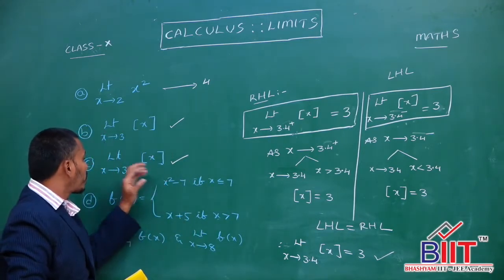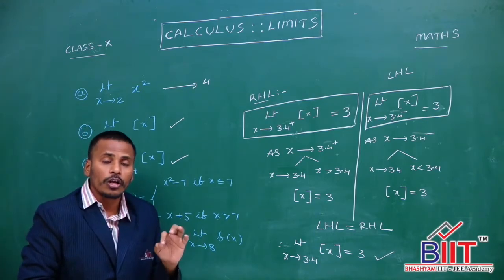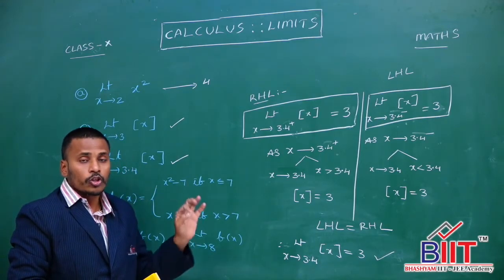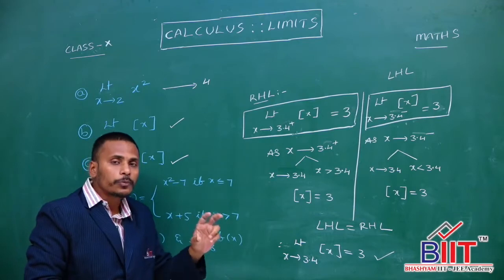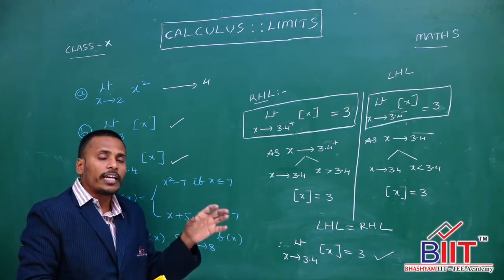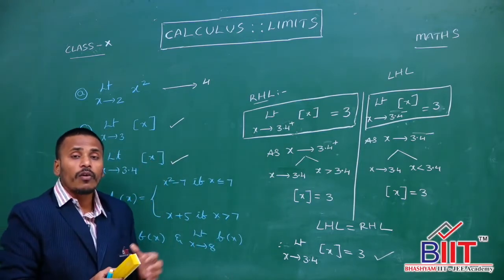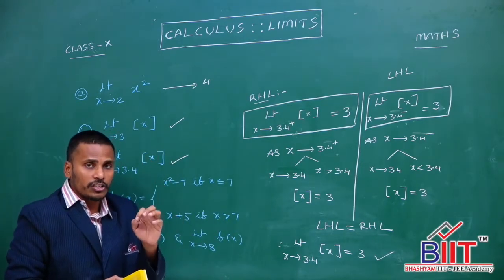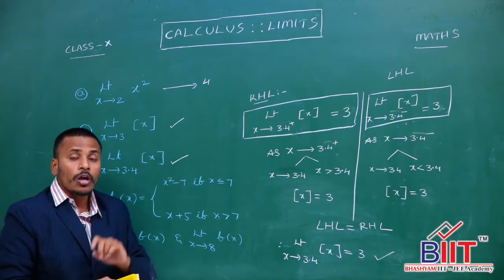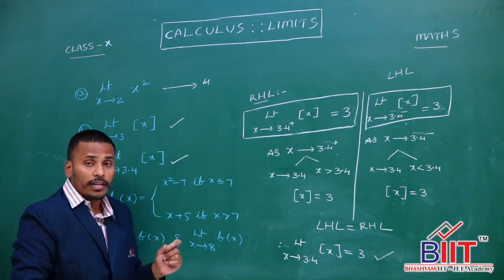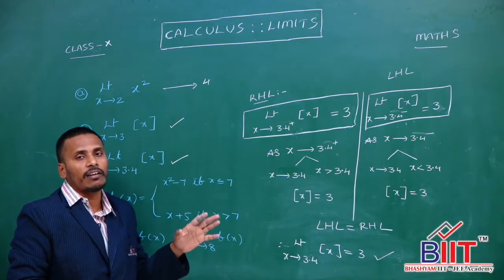As x tends to 3.4, the limit exists. In the same way, if you observe the nature of step x at different points, one thing is very clear: the limit value for step x exists for non-integral values, whereas the limit does not exist for integral values.